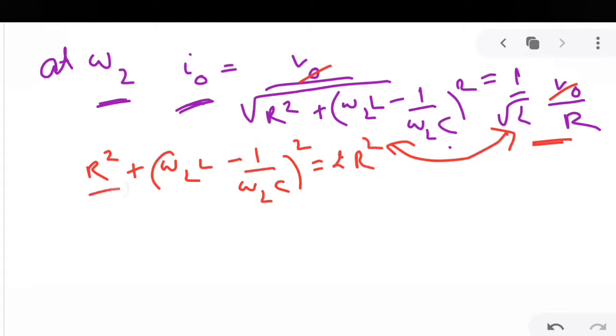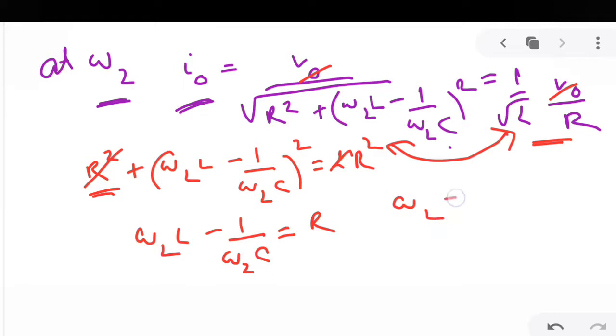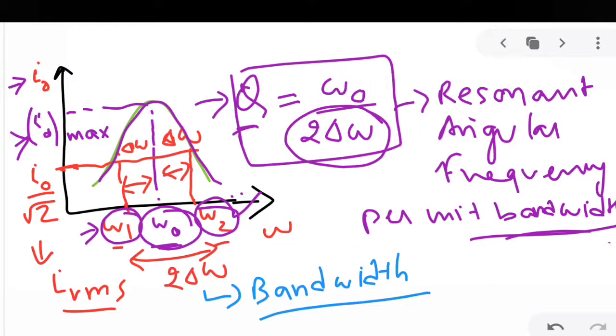So if we take this R square to the other side, this 2 is gone. Now if we take square root on both sides, this is omega 2 L minus 1 by omega 2 C is equal to R. Now what is omega 2? Omega 2 is omega naught plus delta omega. So it is delta omega ahead of omega naught.